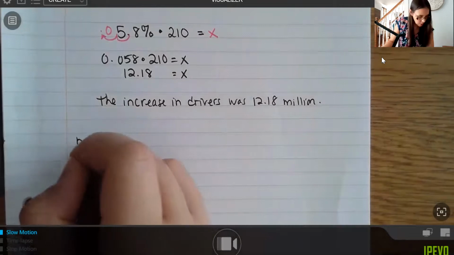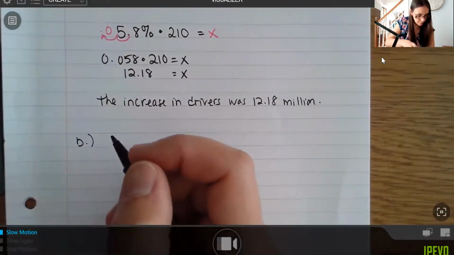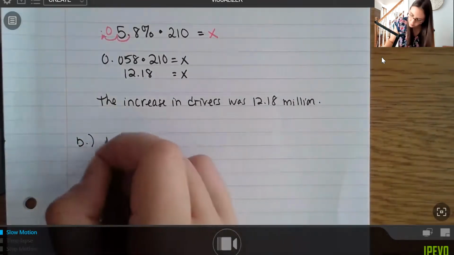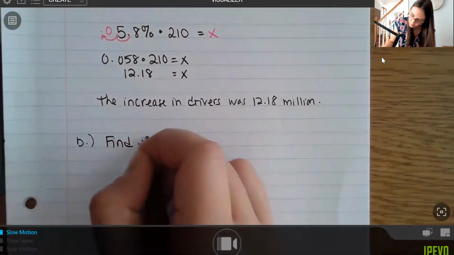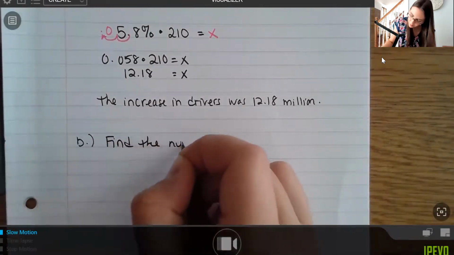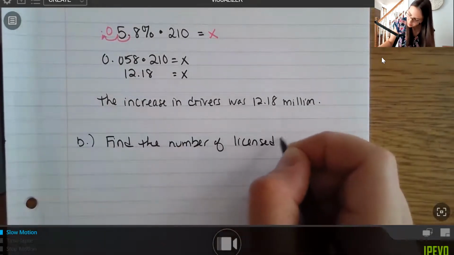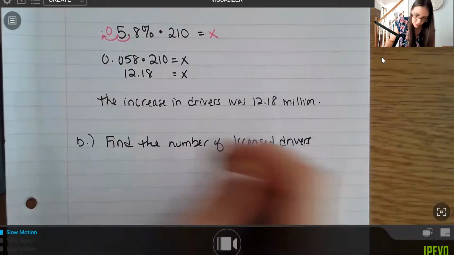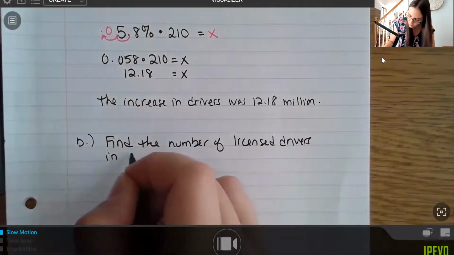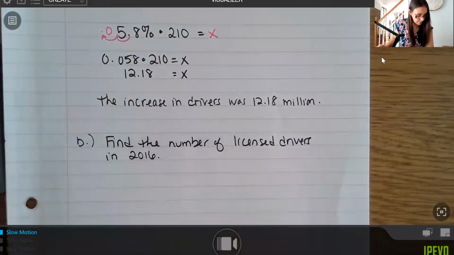And then my second question is going to be: find the number of licensed drivers in 2016 who are on the road.